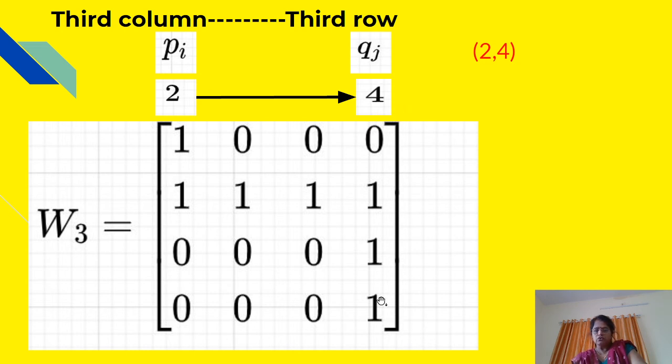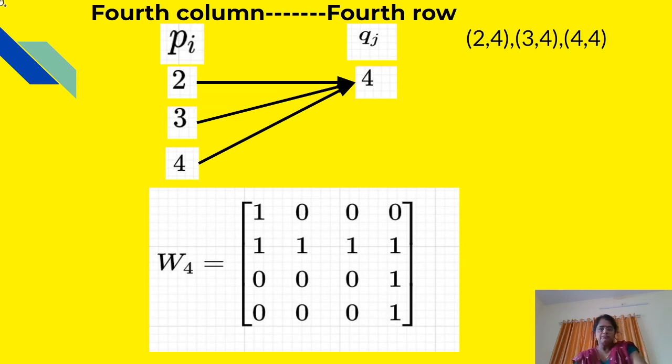Now in the fourth column there are 1s in the second, third and fourth position, and in the fourth row there is 1 in the fourth position, and therefore our Pi will be 2, 3, 4 and Qj will be 4, and therefore 2 4, 3 4 and 4 4, these pairs will be created. But you can see that at these places there is already 1, and therefore there will not be any extra addition of 1s in W4, and hence our W4 will be as it is W3.